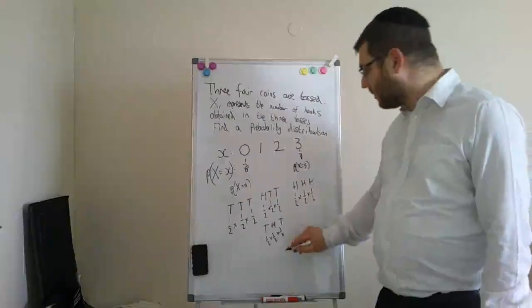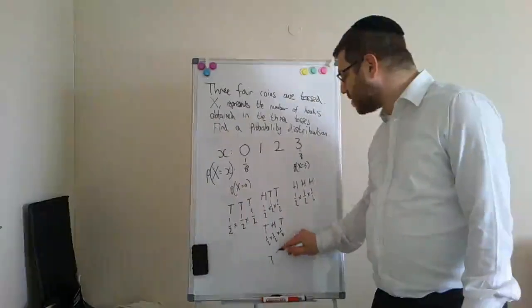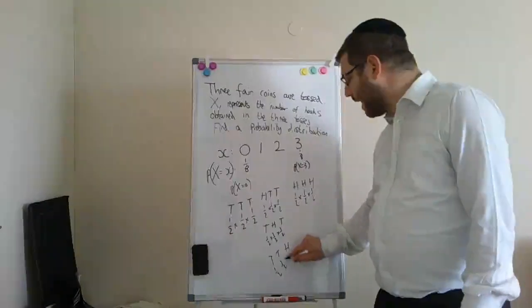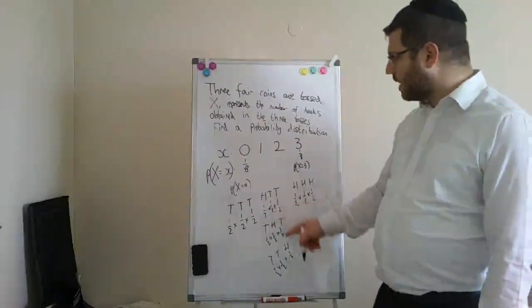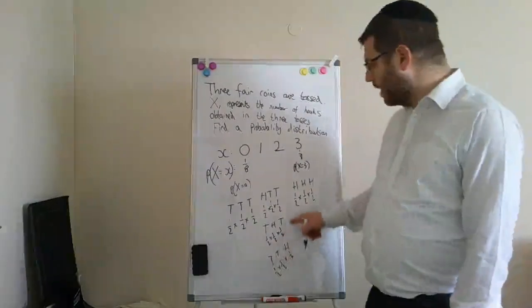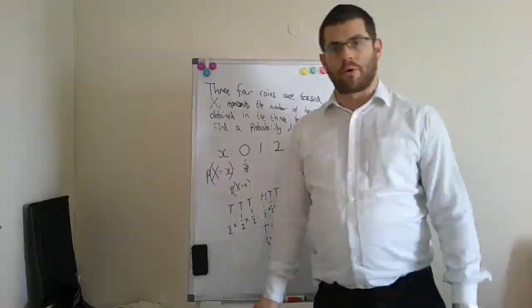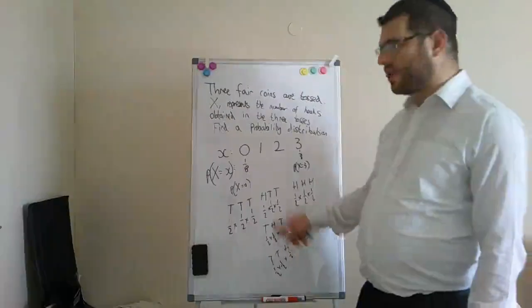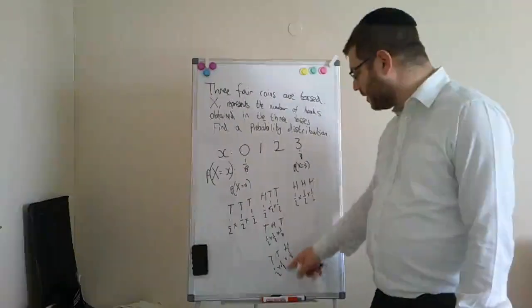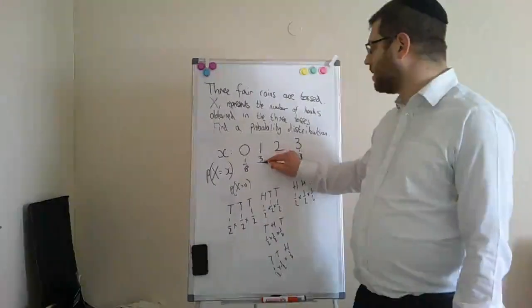You can have the head on the third go, and you just have to check that you've encapsulated all outcomes. So there's 3 lots of 1/8. There's 1/8 here for this outcome, 1/8 here, 1/8 there. We know the OR rule in probability. If this can occur this way, or this way, or this way, you add up. So it's 1/8, 1/8, 1/8, which makes 3/8.